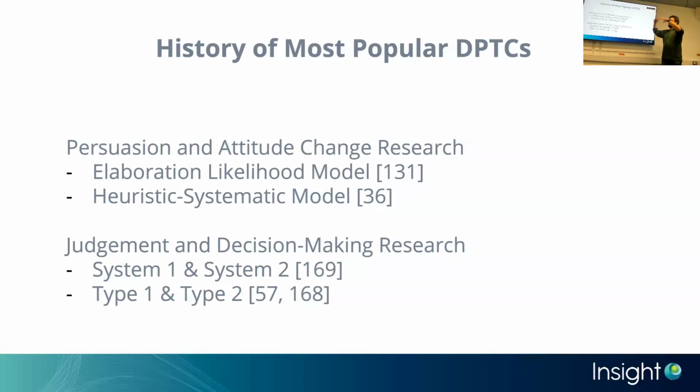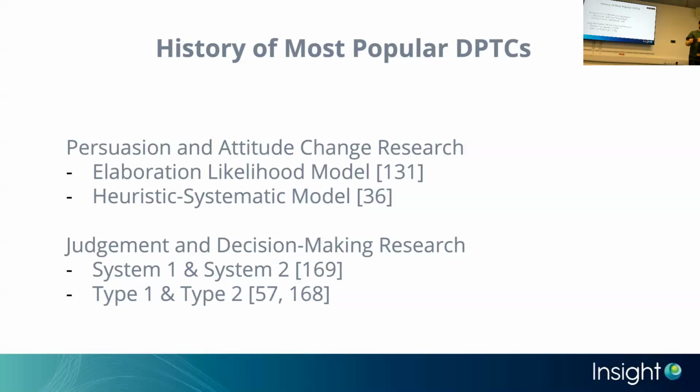And if you consider peripheral things, like how attractive the speaker is, or the number of arguments, not necessarily how good they are, that would be a peripheral route of processing. So one requires high elaboration and one requires low elaboration. Petty talks about what factors change your likelihood of using high elaboration compared to low elaboration. And that was a good theory.